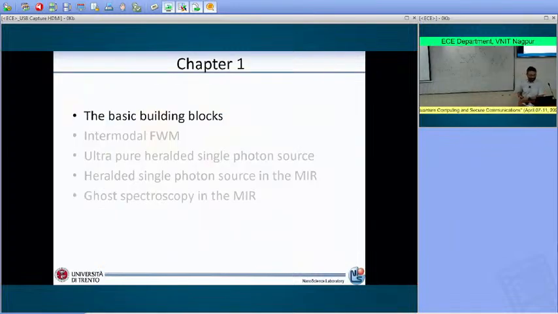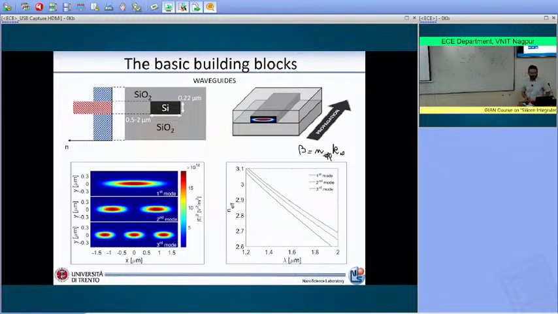Let me now introduce how we can make these heralded single photon sources. The reason why I'm discussing heralded single photon sources is because those are the ones that we are using. The basic building block is a waveguide.